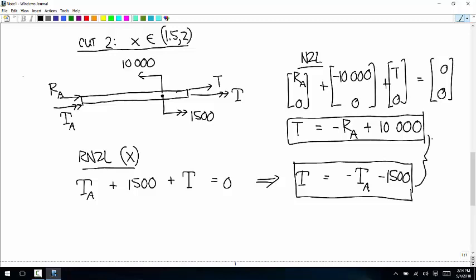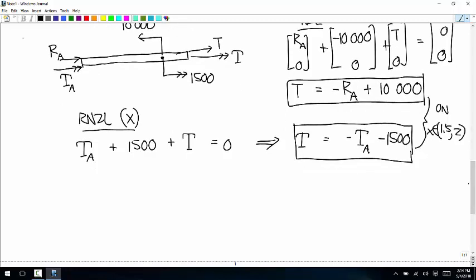And these two are valid on the interval x between 1.5 and 2. Okay, so now we can do the two constraint equations.